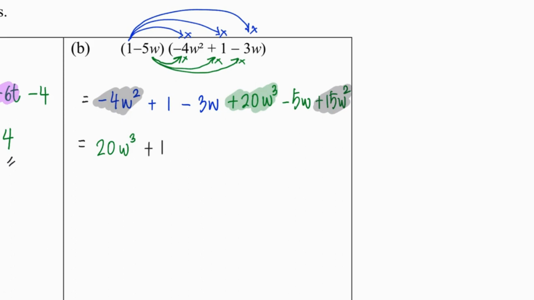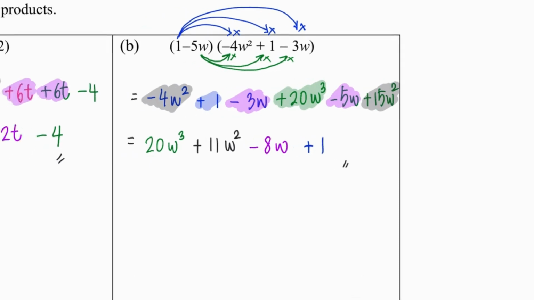This will give me positive 11w square. And I also see a negative 3w and negative 5w. This will give me negative 8w. And last will be my positive 1. And we are done with this example.